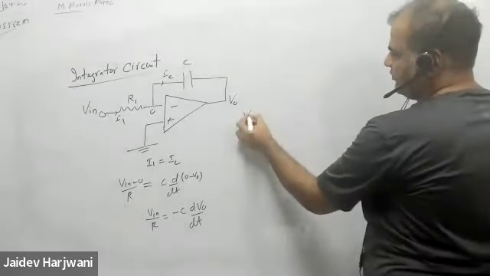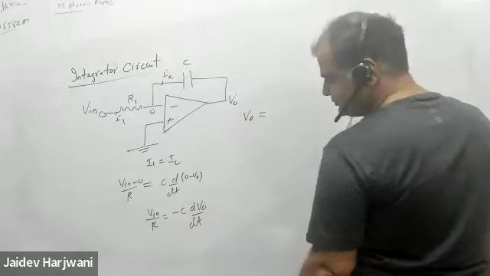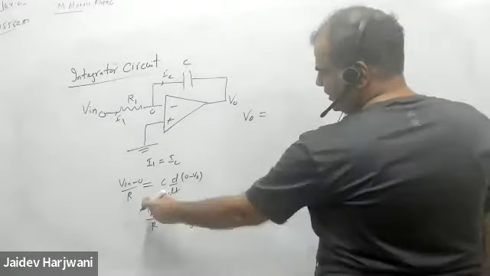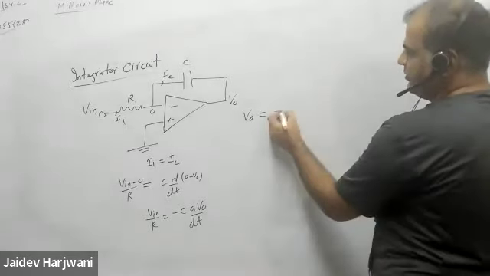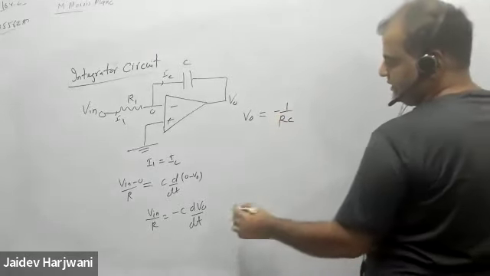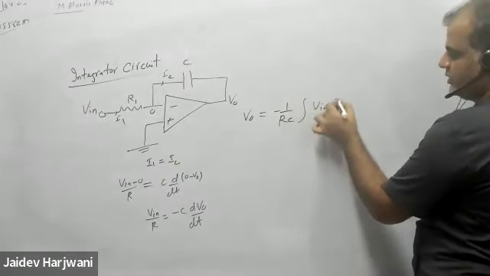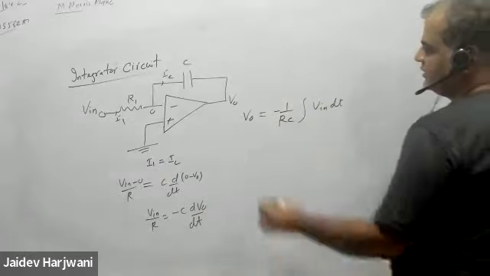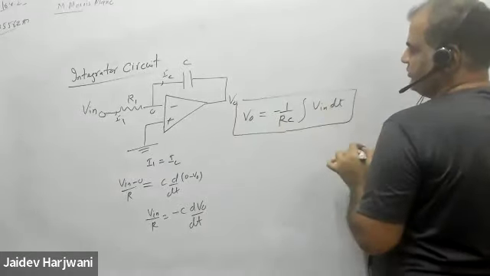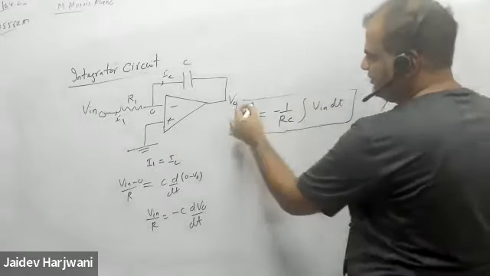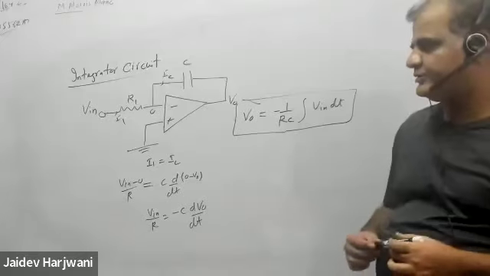And your V naught will become now this one. If you do integration, this will give you minus 1 upon RC, and then the integration of V input dt. This will give the output. So whatever input, the integration of that will be your output.